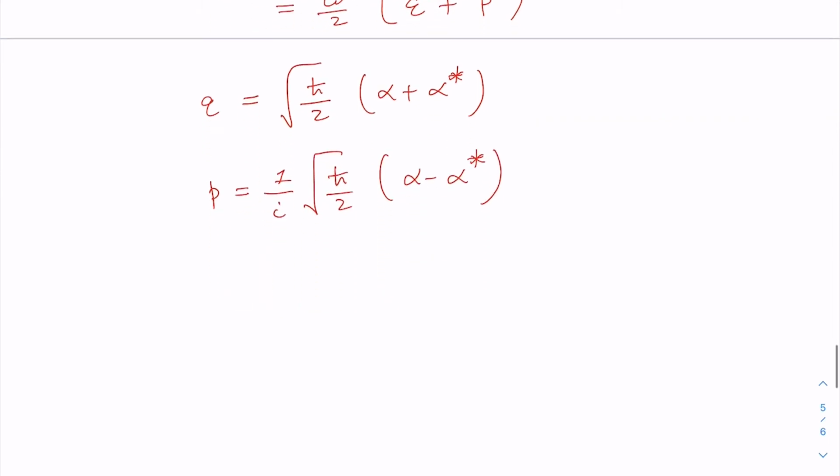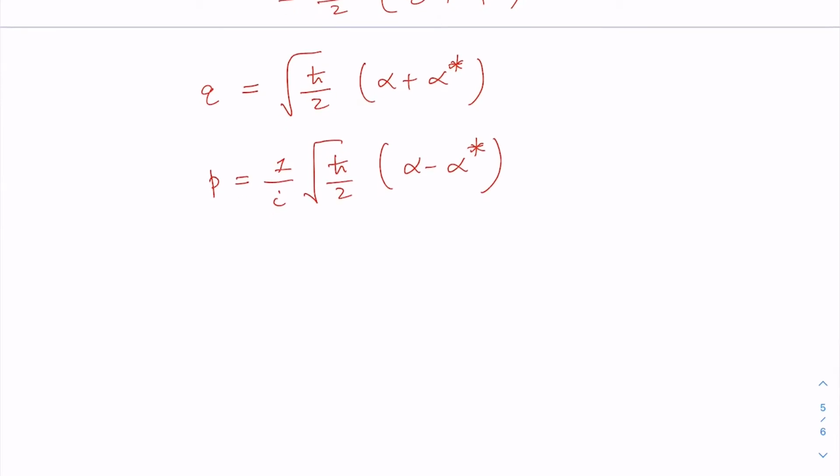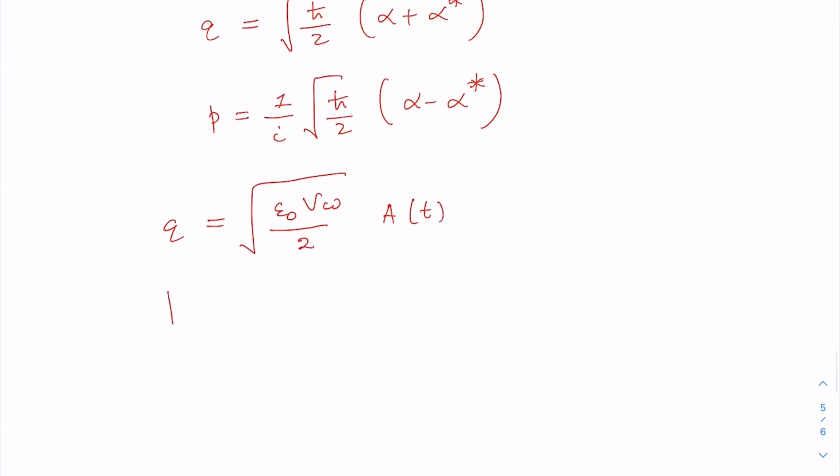If we do the calculations, you will be able to show that q is equal to the square root of epsilon 0 v omega by 2 times a of t, and p is equal to minus the square root of epsilon 0 v by twice omega times e of t.